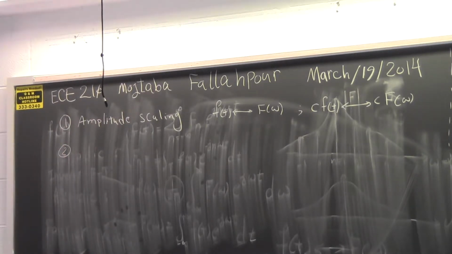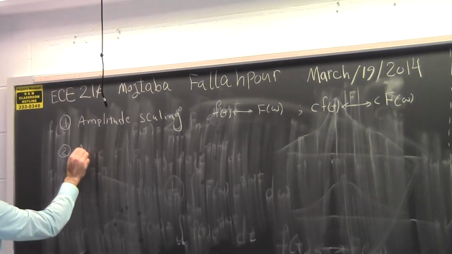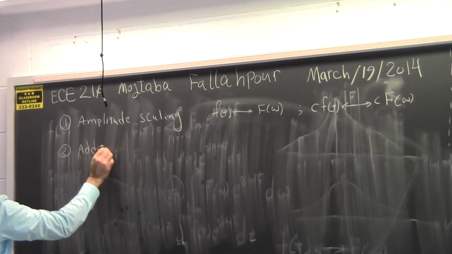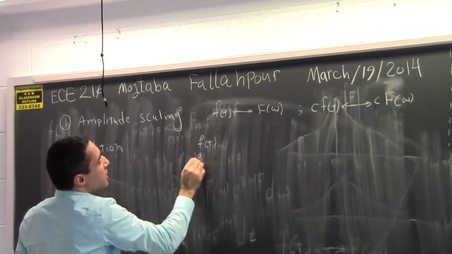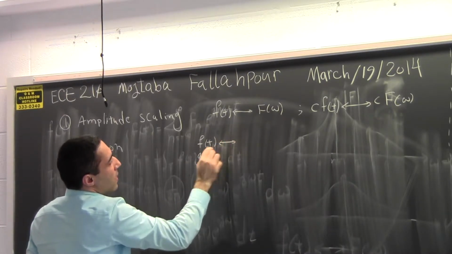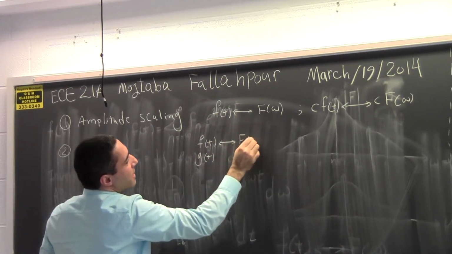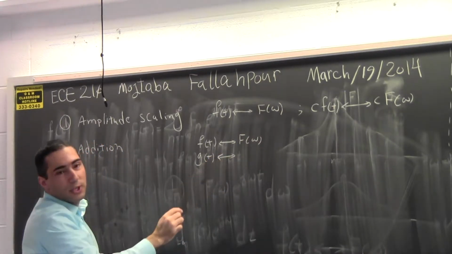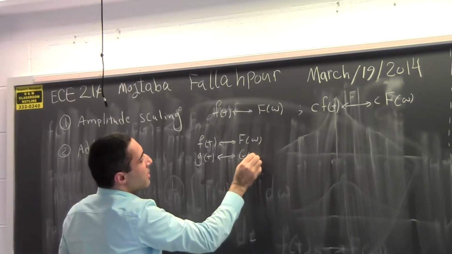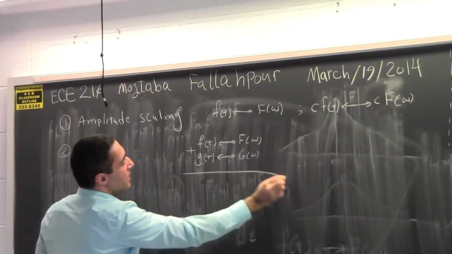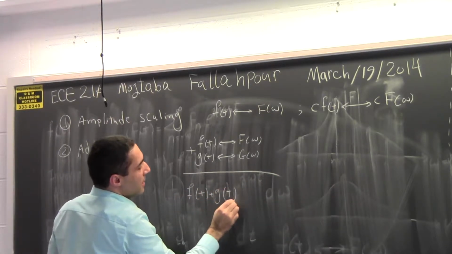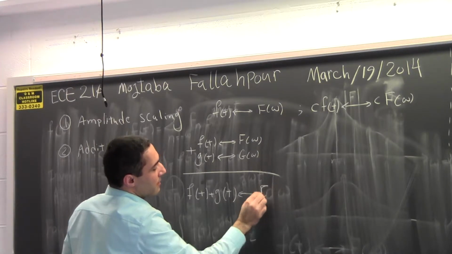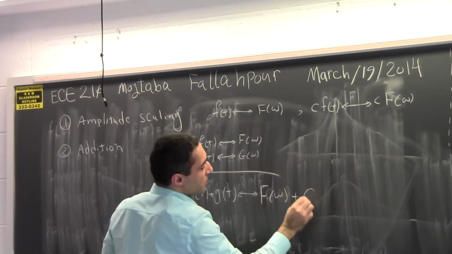The second one is addition. If I have f(t) and g(t), where f(t) has a Fourier transform F(omega) and g(t) has a Fourier transform G(omega), if I sum them up, f(t) plus g(t) is gonna give us F(omega) plus G(omega).